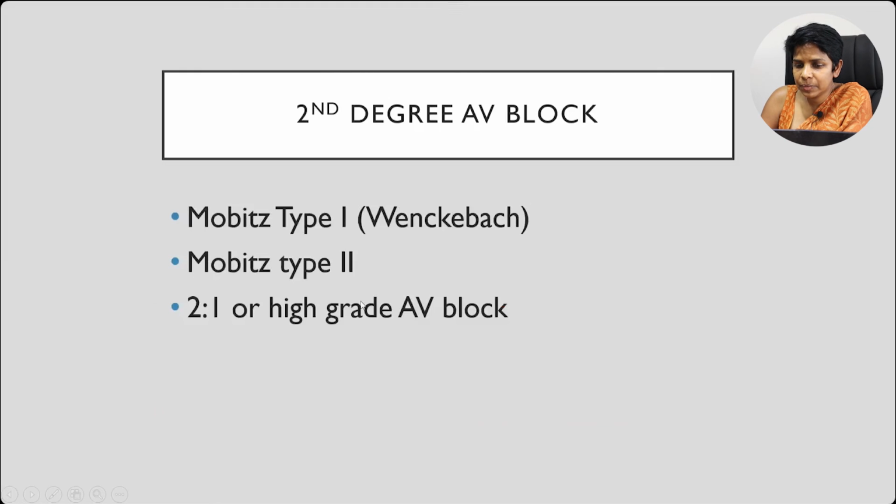In second degree AV block, there are 3 different types, Mobitz type 1, 2, and then 2 to 1 or high grade AV block. What happens here is in first degree AV block, all the P waves are conducted to the ventricles, but in the second degree, some of the P waves are not conducted to the ventricles.